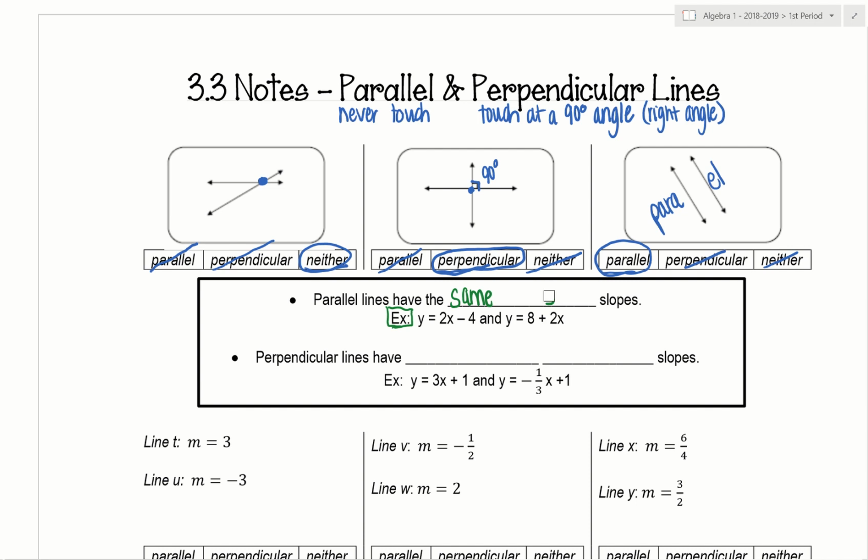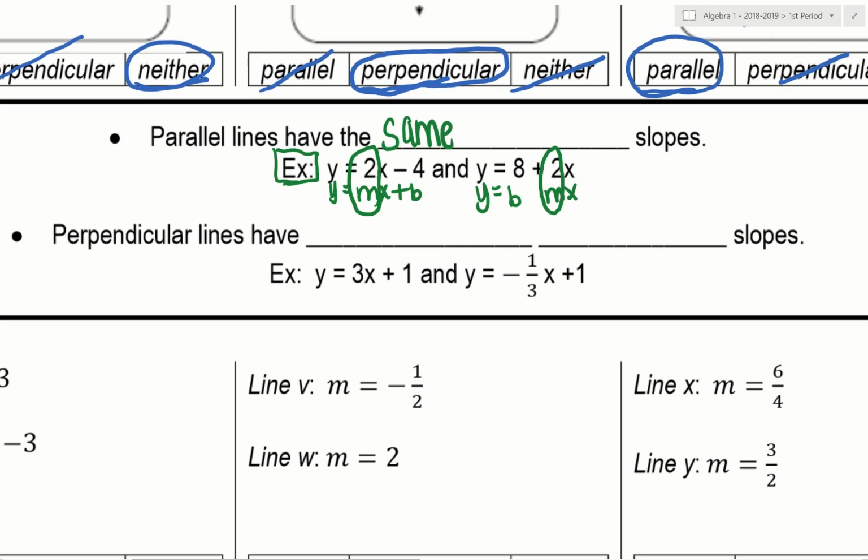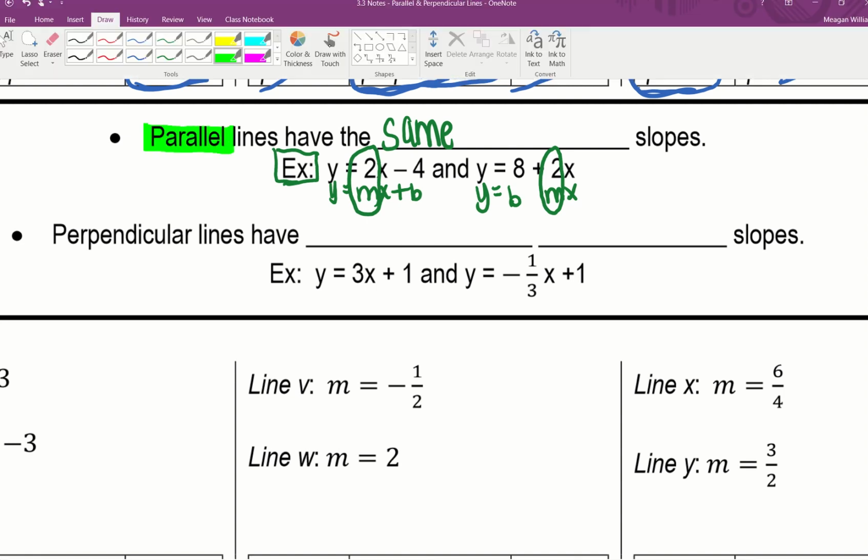You don't need to write that twice. Same slopes. So if you go look, y equals mx plus b format, my slope in this first line is 2. And again, this is y equals mx plus b format, but they're kind of just trying to confuse you. Make sure your m goes in front of your x always. So both of these two lines have slopes of 2. Therefore, they're the same, and that means they are going to be parallel.